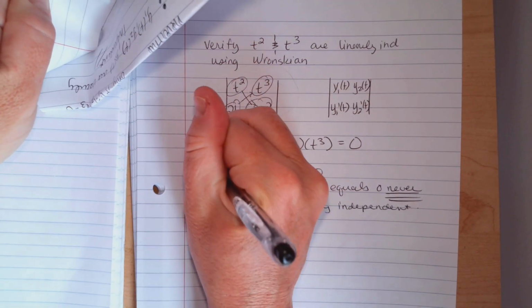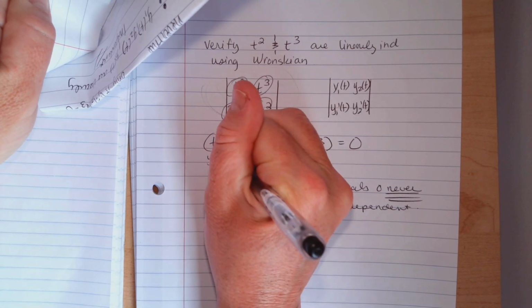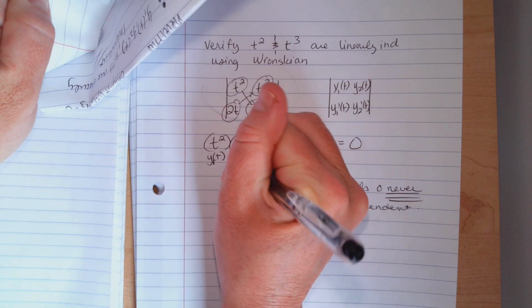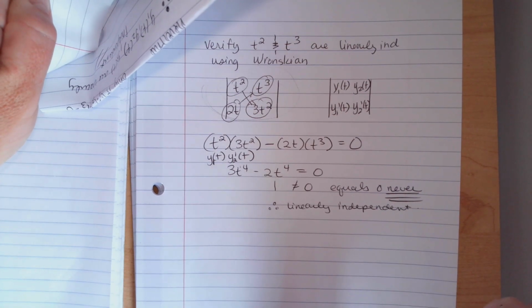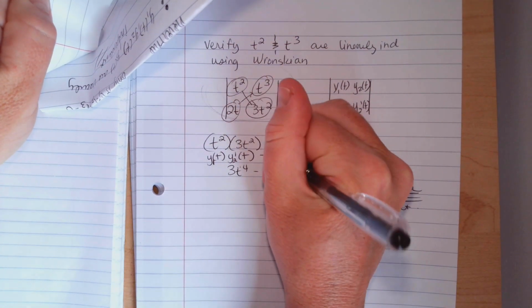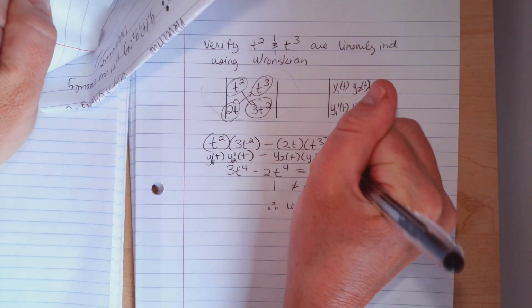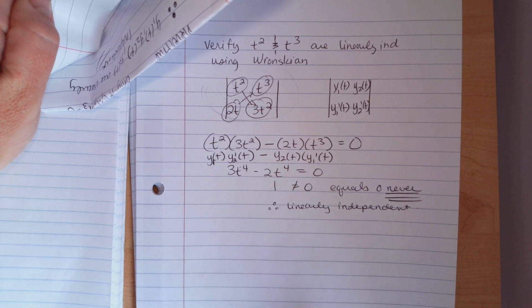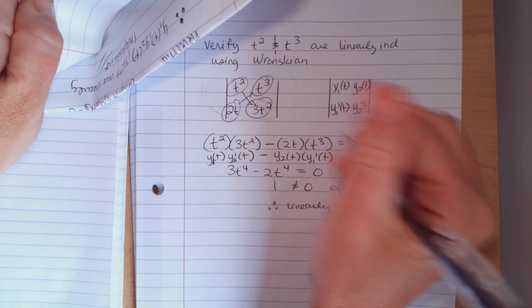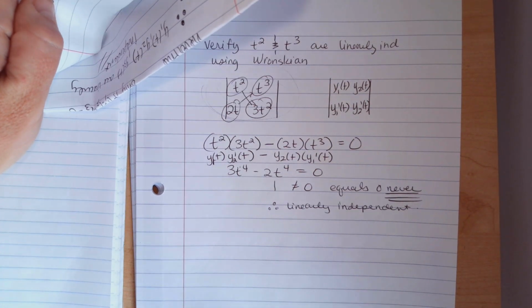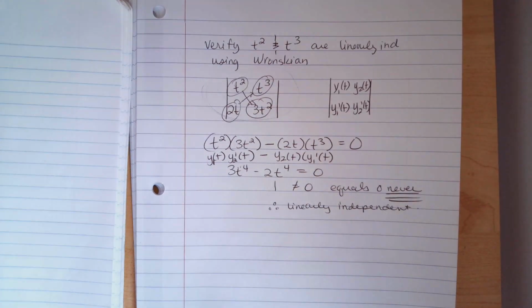I'm going to write it in terms of t, because you guys will like that better. So that's y1 of t times y2 prime of t minus y2 of t times y1 prime of t. Do you see that? I guess these are switched. That's fine. It doesn't matter. But do you see that? I hope so.